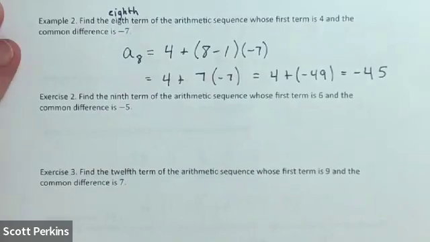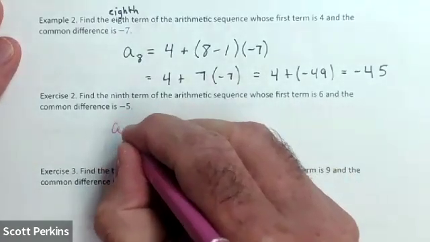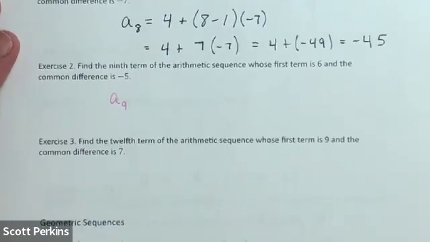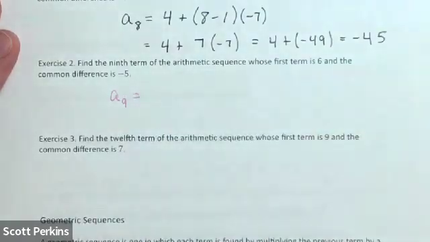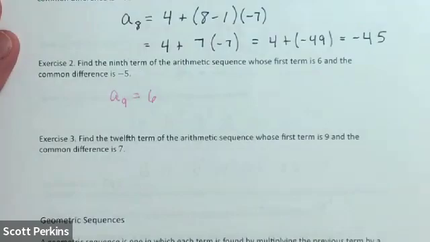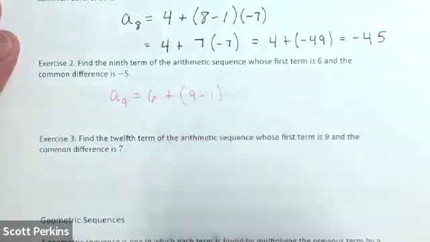So, all right, exercise 2, here we go. We're going to find the 9th term. So we're going to find A with the subscript 9. And that is equal to the first term, which is 6 plus, and since I'm finding the 9th term, I'm going to do 9 minus 1, or 8 common differences.